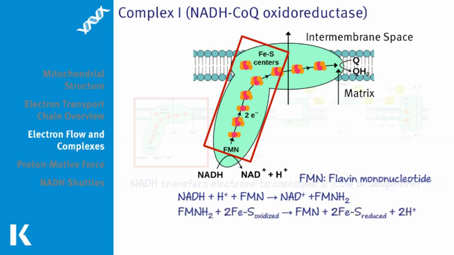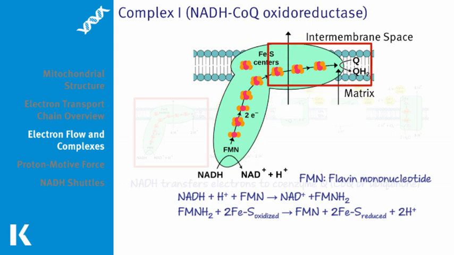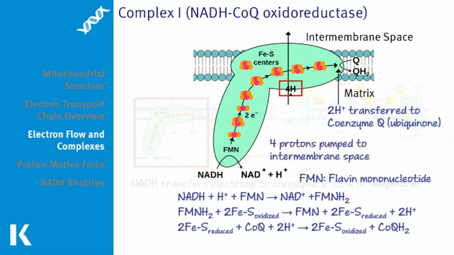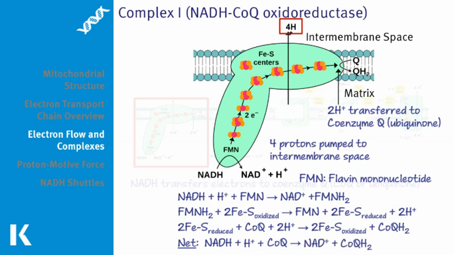The reduced iron-sulfur clusters will then pass our high-energy electrons, originally from NADH, onto the final electron acceptor in complex 1, coenzyme Q or ubiquinone. This results in the expulsion of 4 protons into the intermembrane space, and the net reaction pictured here, which boils down this whole journey into the coupled oxidation of NADH to NAD+, and reduction of ubiquinone to ubiquinol.